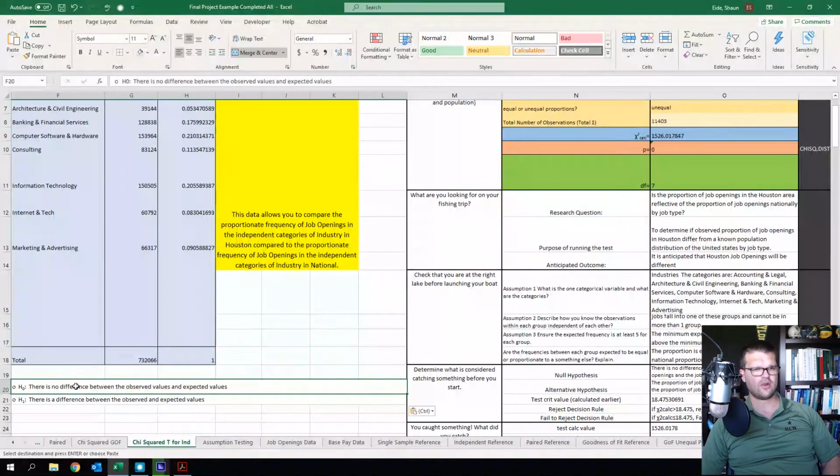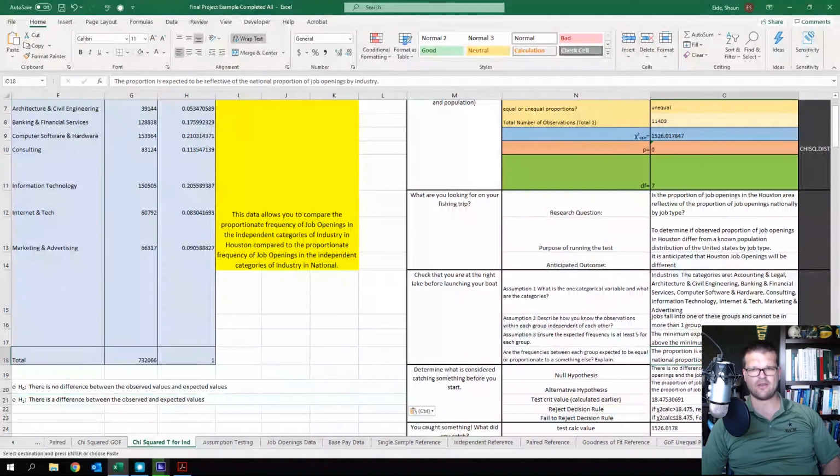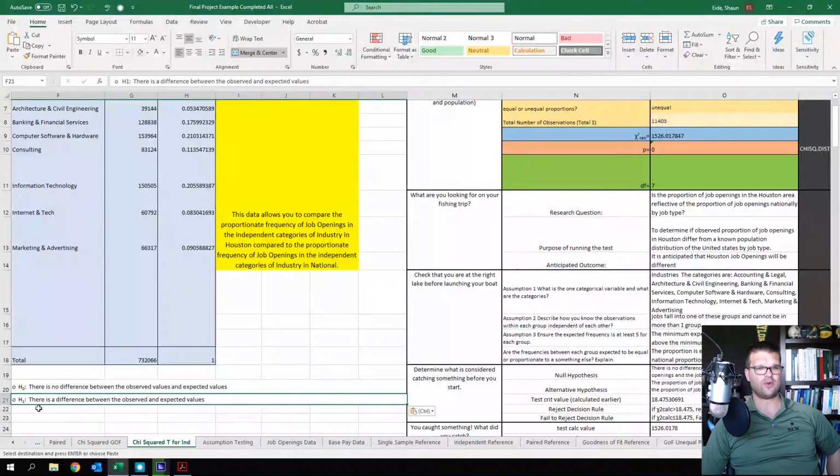There is no difference between the observed values and the expected values, and right here it says there is no difference in the proportion of Houston job openings and job openings nationally. Then down here there is a difference between the observed and expected.